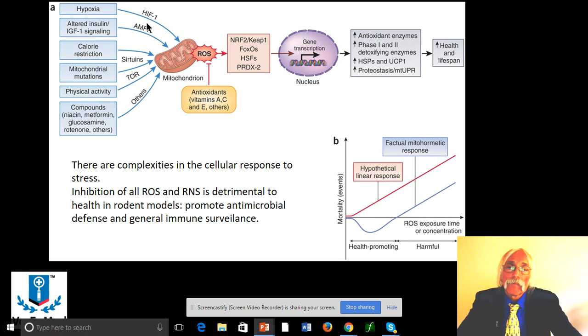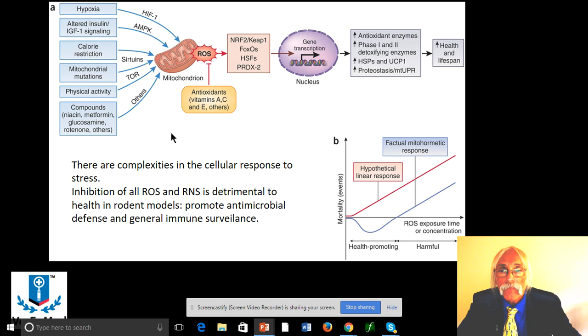All right, so let's take a look at what goes on in a general reactive oxygen motif. Hypoxia, altered insulin signaling. Where are we going to get this? Let me think. Diabetes. Calorie restriction, something we talked about in some previous episodes of VerEvMed discussion. Mitochondrial mutations, that is mitochondrial gene mutations, which happen frequently.